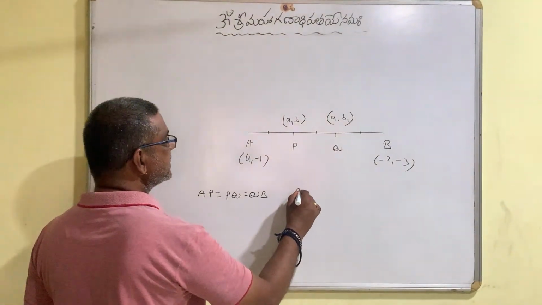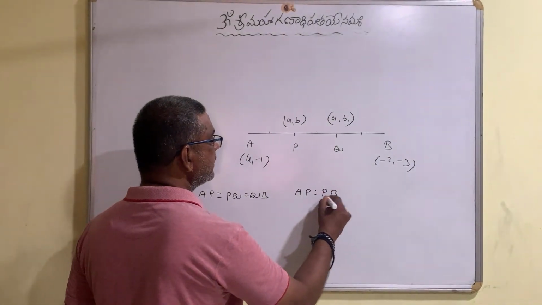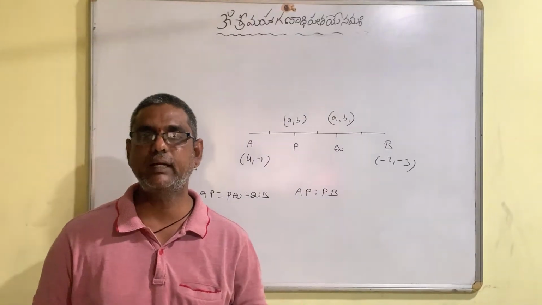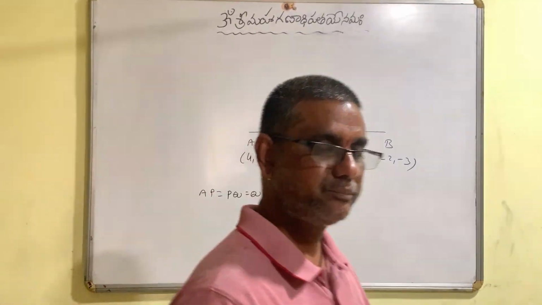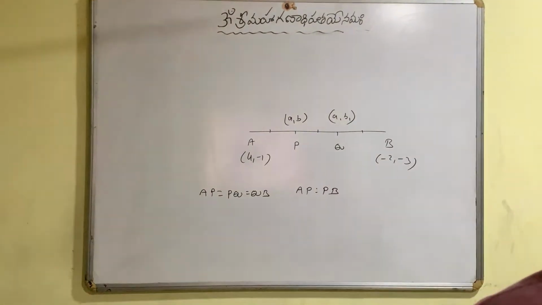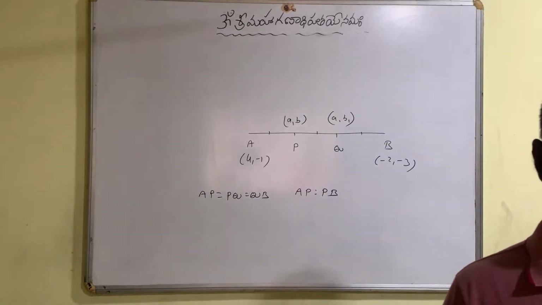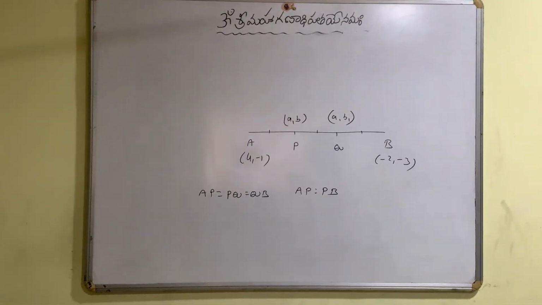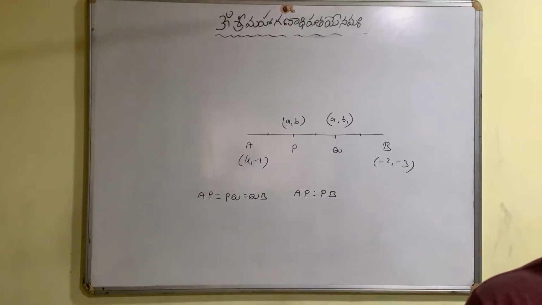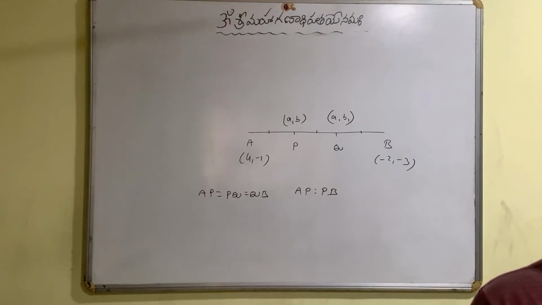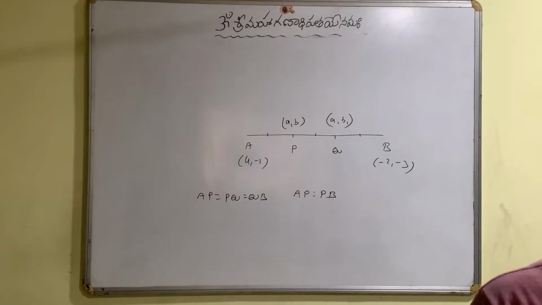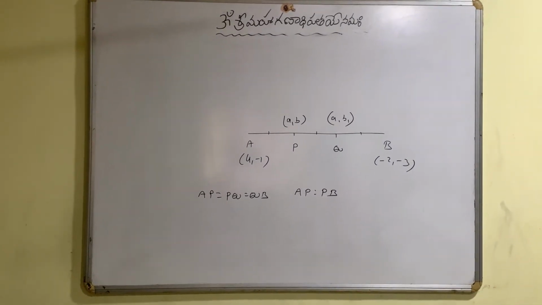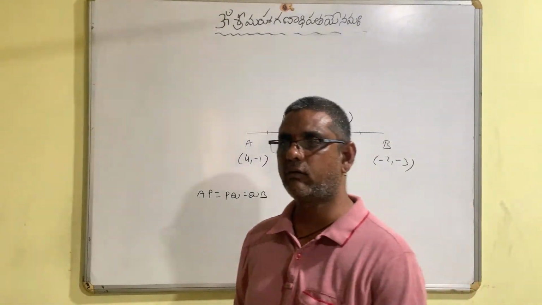Okay, now since these three line segments are equal, can anyone say what is the ratio that AP is to PB? Point P and point Q divide AB in three equal parts, na?